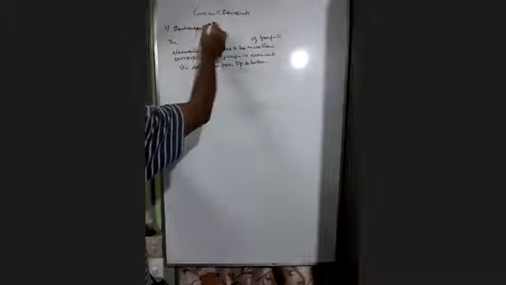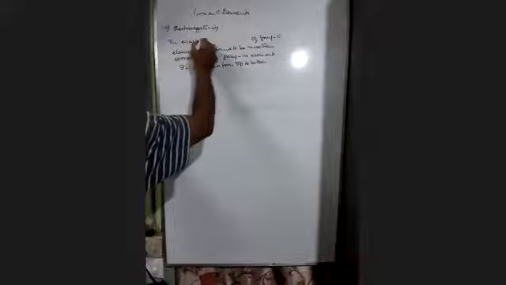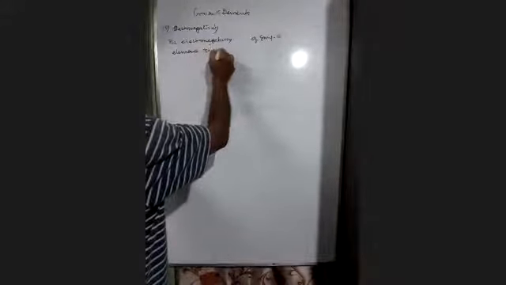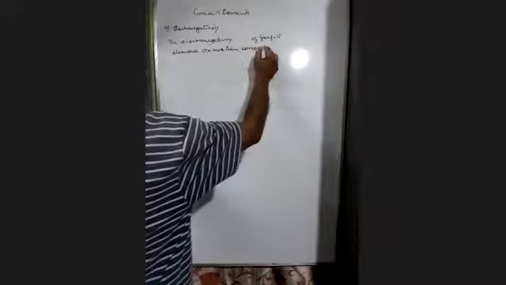The electronegativity of group 15 elements is more than, same thing, corresponding group 14 elements.